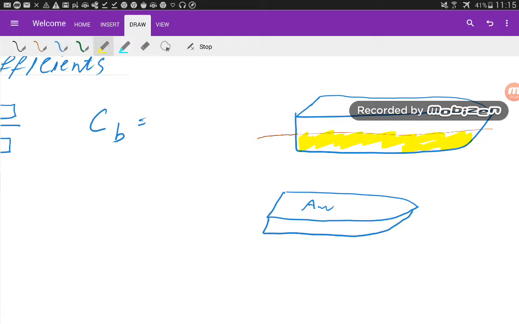And whatever remains under the water, if you surround it or put it in a cube, I'm going to use a cube here.